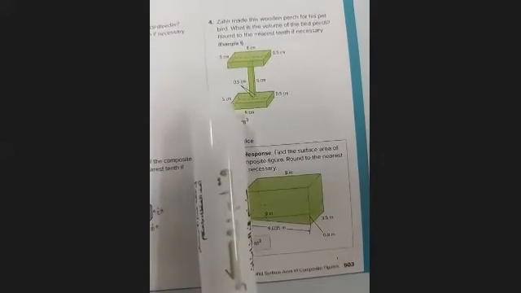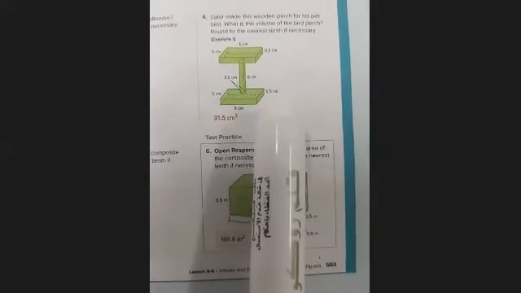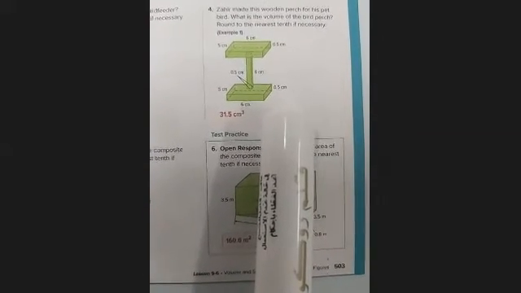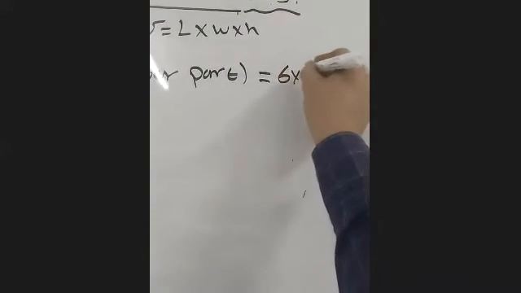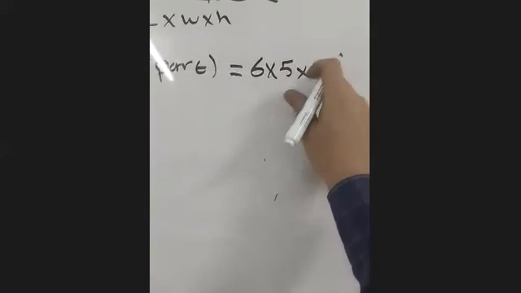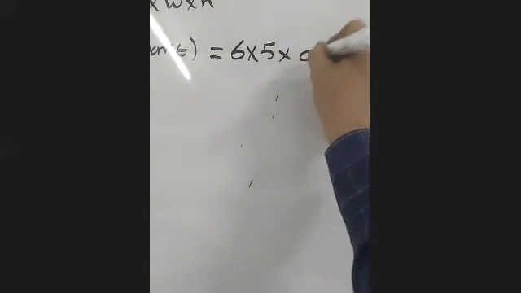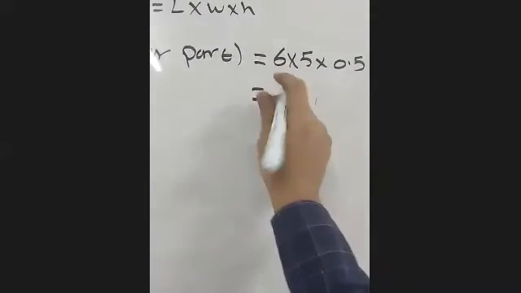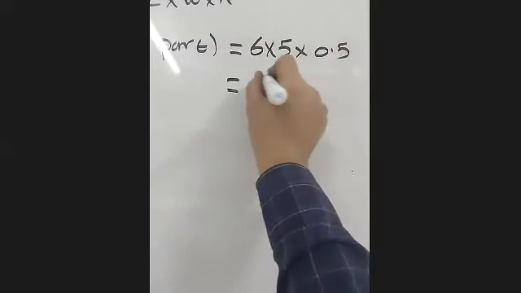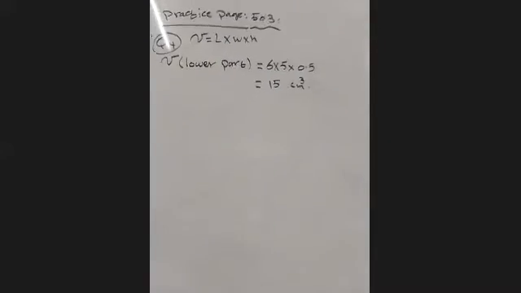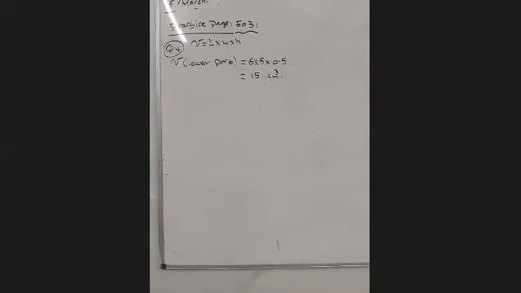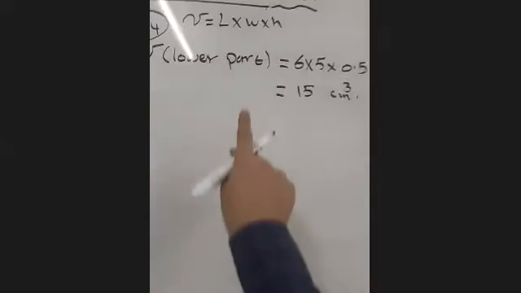And the width? 5 centimeters. And the height? 0.5. Let's multiply them: 6 multiply 5 multiply 0.5. It is equal to 30 multiply half, which means 15 centimeter cube. This is the volume of the lower part, guys.